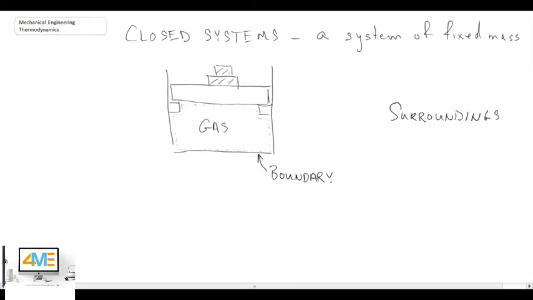Now, with a closed system, you can have a couple of things crossing the boundary, and those are the two things that are within the first law of thermodynamics for a closed system. If you recall, we talked about heat, the capital Q, and work. Work can go either into or out of a system.